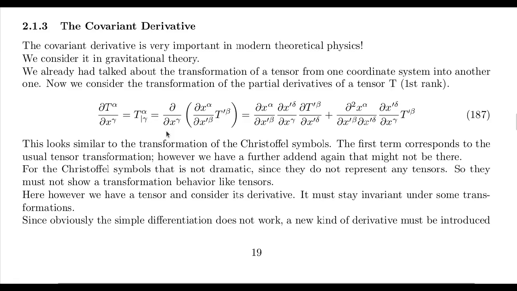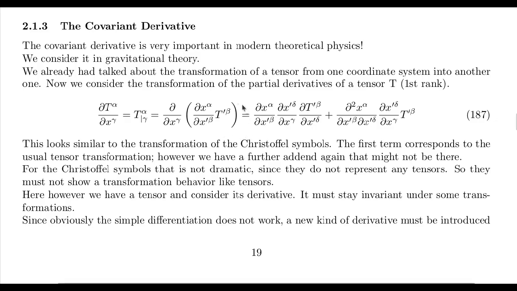And then we get the tensor in the unprimed coordinate system by transforming the primed tensor in the primed coordinate system with the normal transformation rule here.